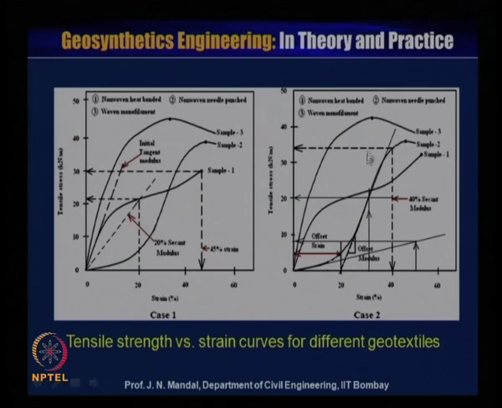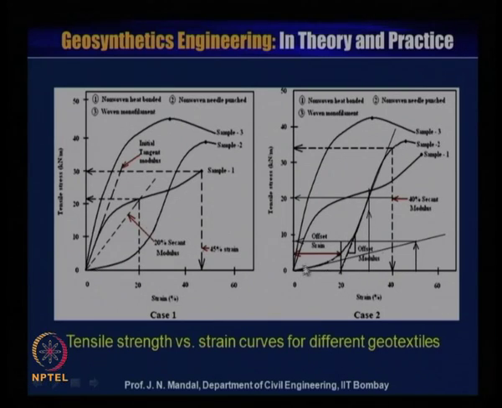This is the offset modulus, and the slope of this will be the offset modulus. So, we want to calculate the offset modulus and the initial tangent modulus. This is the curve for sample number 2.